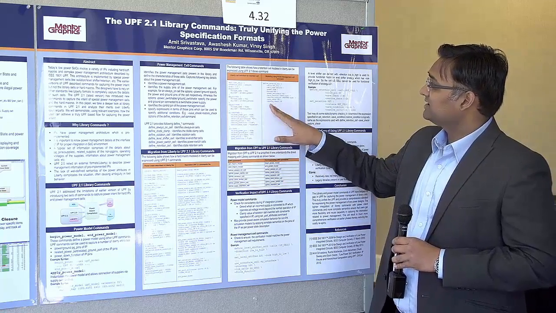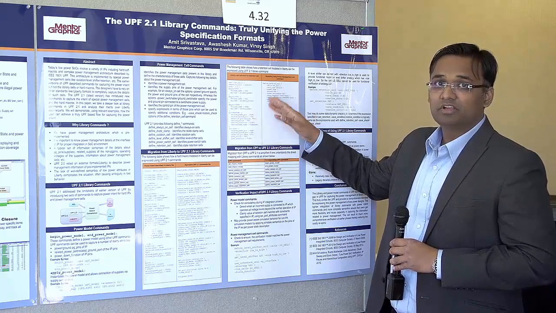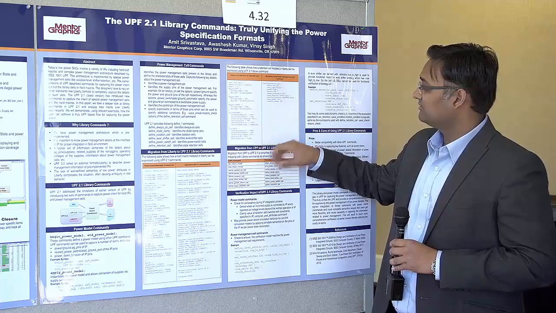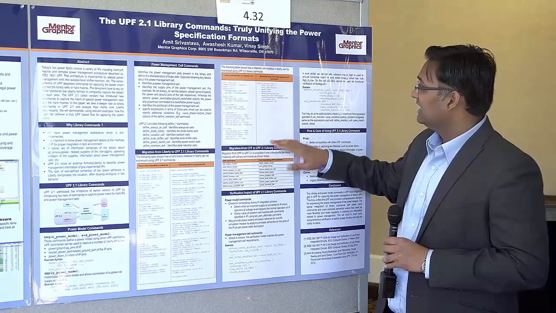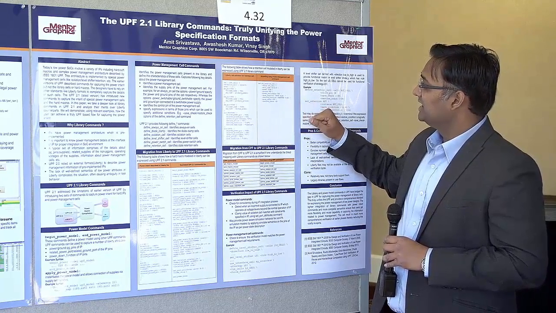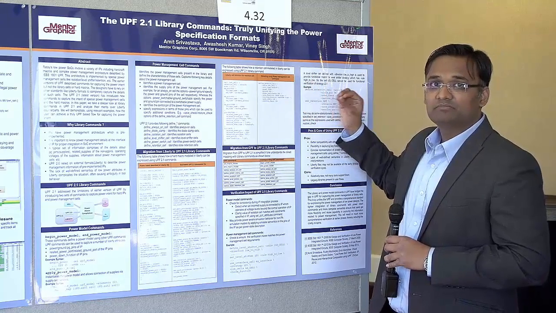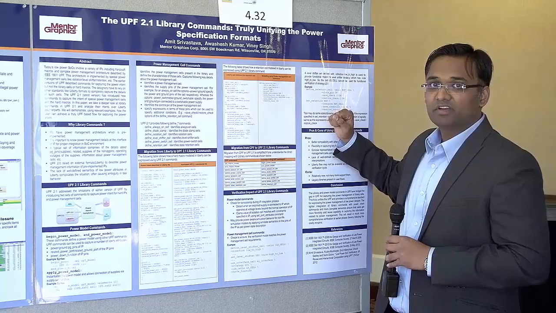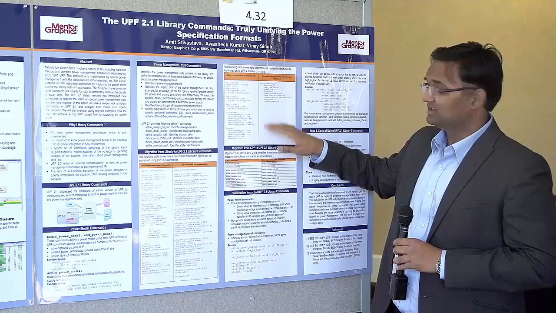In this example, it is a retention cell which has PG pins corresponding to the retention supply and the primary supply of the retention, and some control pins related to retention. This gets represented in UPF 2.1 as a defined retention cell, which has various options. You can use those options to specify different attributes related to a retention cell. And as you can see, this is a much more concise representation than a Liberty description.